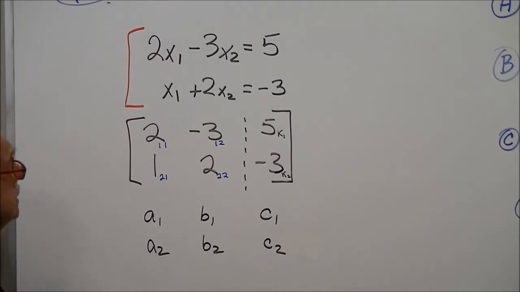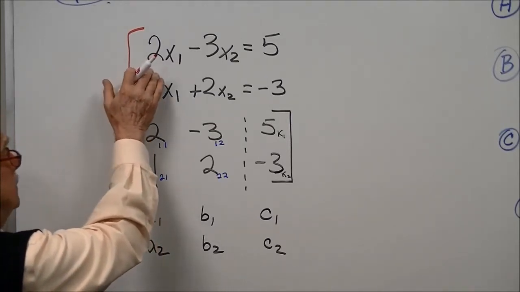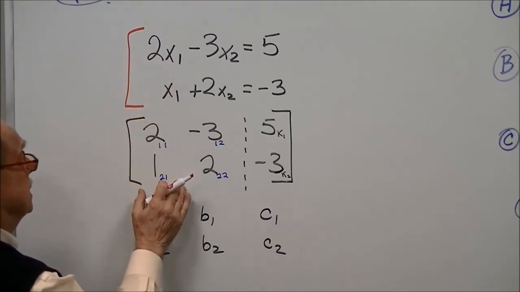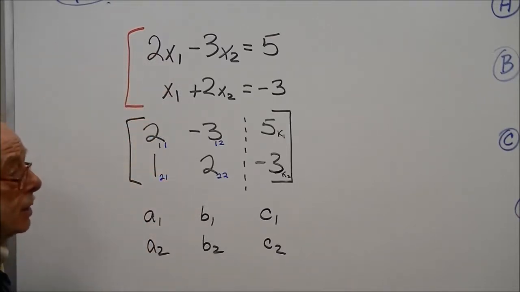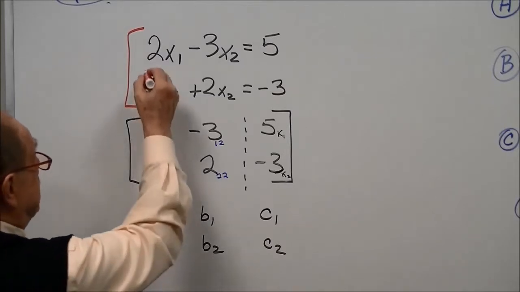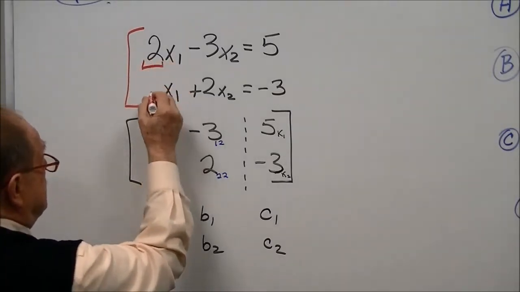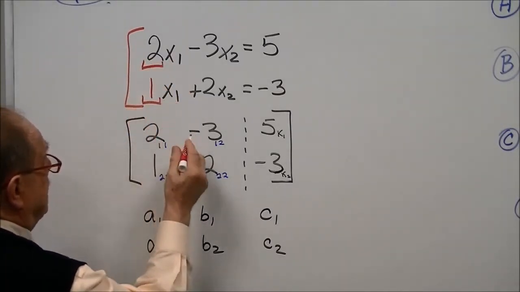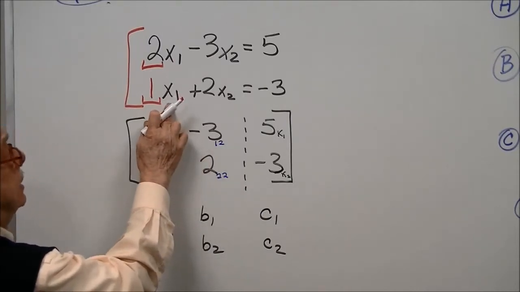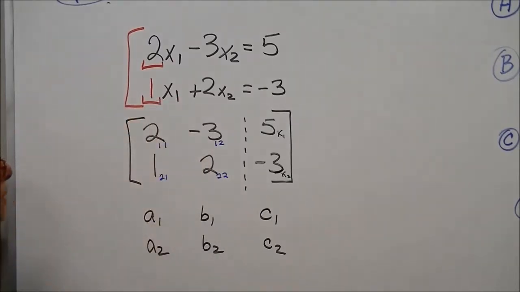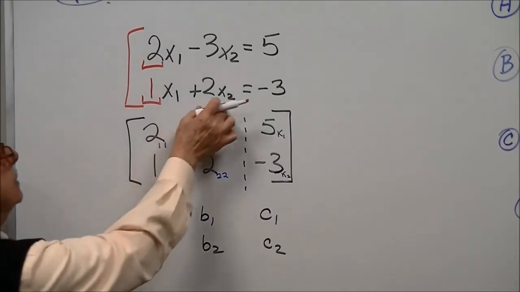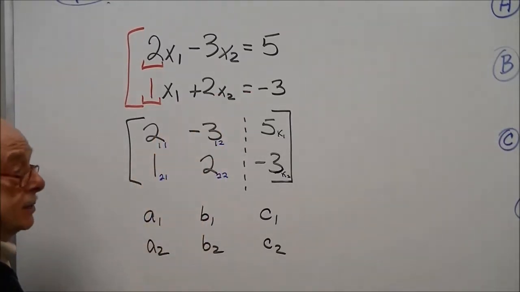What we are interested in particularly when we convert from standard form into a matrix are the numerical coefficients. So when there's only a letter, there's a 1 as its coefficient. If there's no letter, then it would go into the matrix as a 0.